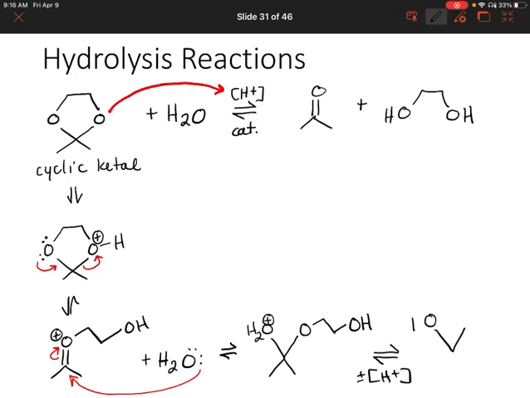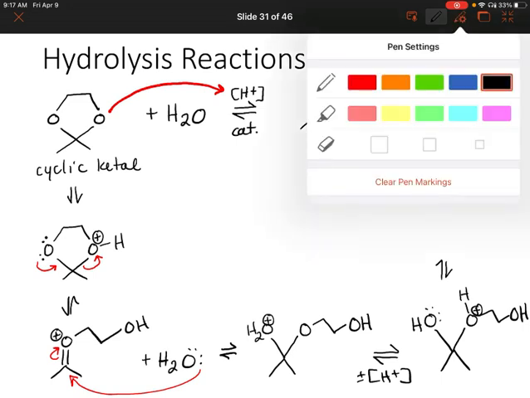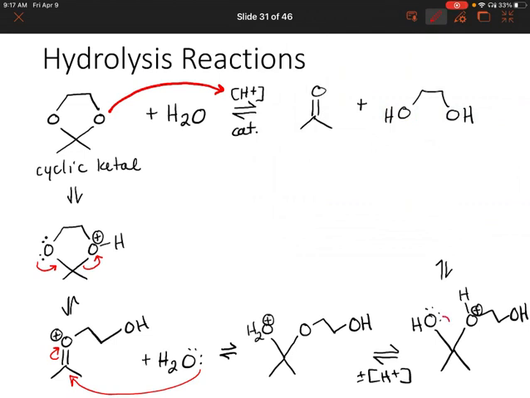So now we have OH on one side, and we're creating a good leaving group on the other side, which will be ethylene glycol. Okay, so now our oxygen on the left in the alcohol group is going to use one of its lone pairs of electrons to create a double bond, which will cause our leaving group to leave.